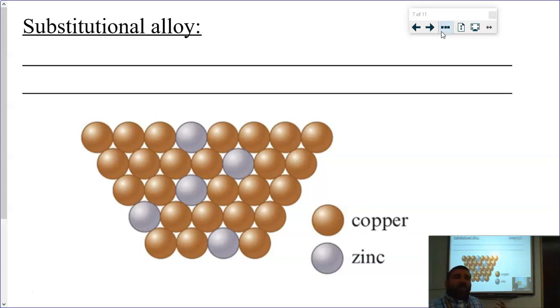We have what's called a substitutional alloy, and it's probably exactly what you'd think it is. We are substituting one metal for another metal.